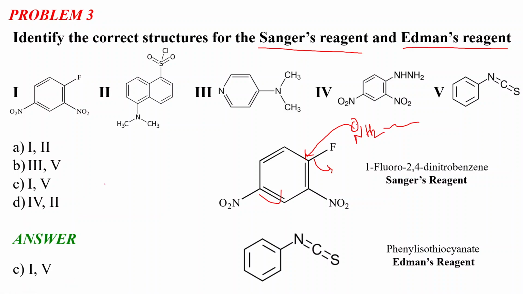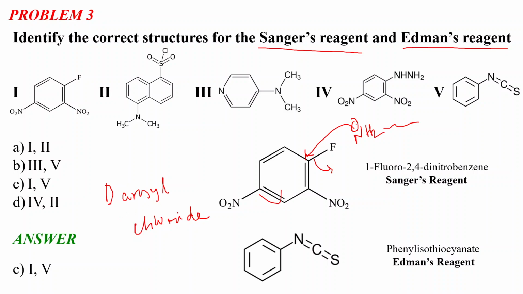And there is one more reagent which is called dansyl chloride. That dansyl chloride is a naphthalene derivative. Basically it is also used for the tagging of the amino acid at the N terminal.